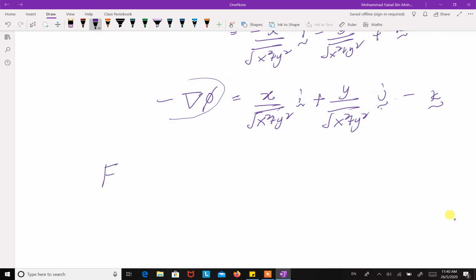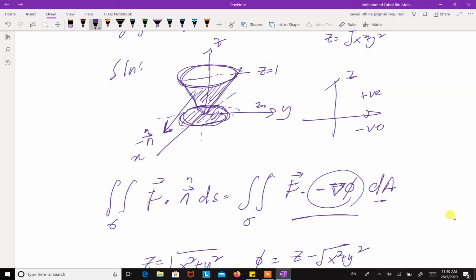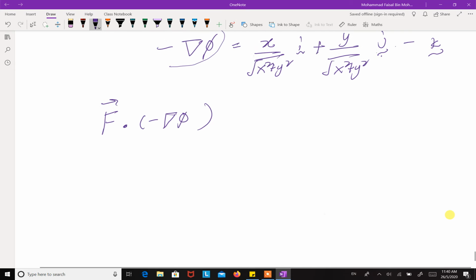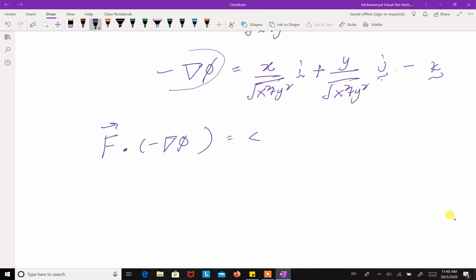So F dot negative gradient phi, because it is in the formula here, will be (1,1,1) dot with (x over square root of x squared plus y squared, y over square root of x squared plus y squared, negative 1).